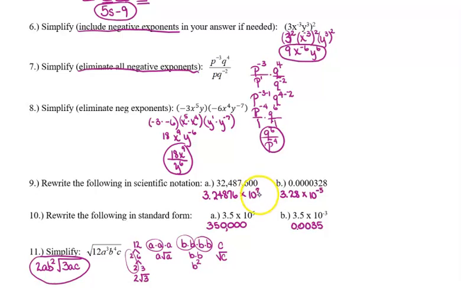If instead I have a small number, then again, I need to move this decimal so that I have a number between 1 and 9. So it's going to go right here between the 3 and the 2. And so I'm going to move that 1, 2, 3, 4, 5 places. And so I'm going to use a negative exponent for that one.